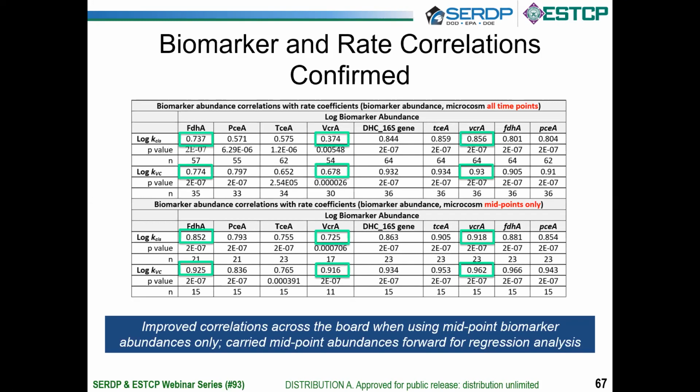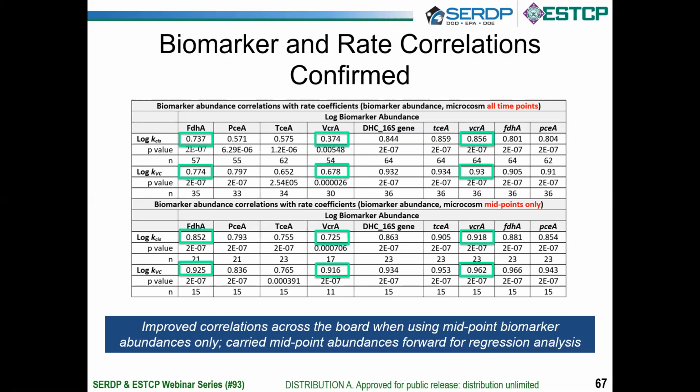And because all of the correlations improved, which made sense to us in terms of the midpoint being an integrated biomarker abundance and the rate coefficient being an integrated measure of the activity, we elected to move forward with the regression using only the midpoint biomarkers for the microcosms.